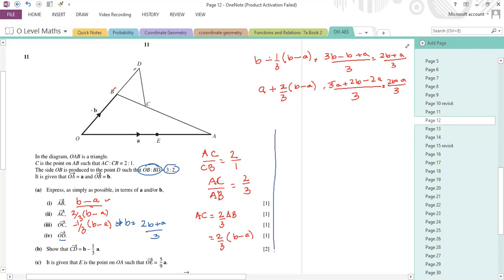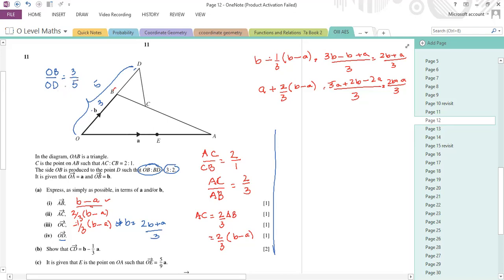But you have seen that there are how many parts? There are 5 parts in all, right? Out of which we already know 3 parts, OB is 3 parts, right? So we can say that OB upon OD is equal to 3 upon 5.